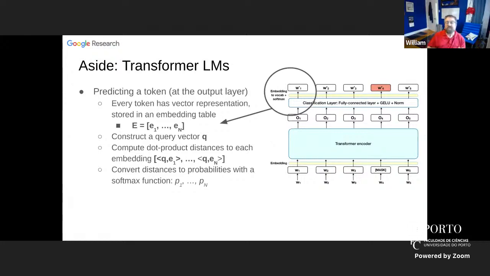Instead, you construct a query vector, and you use that query vector to compute dot product differences to each of the things in the embedding. So these are your embeddings; I've gone down from 20,000 to 4. You construct a query and you say, now I'm going to use distance between that query and these examples. This query is much closer to 3 than the others, and maybe it's a little bit closer to 4 than these other two. That would turn into a probability distribution, and that's how you do the prediction.